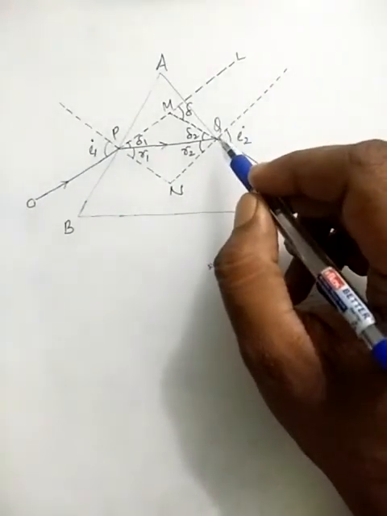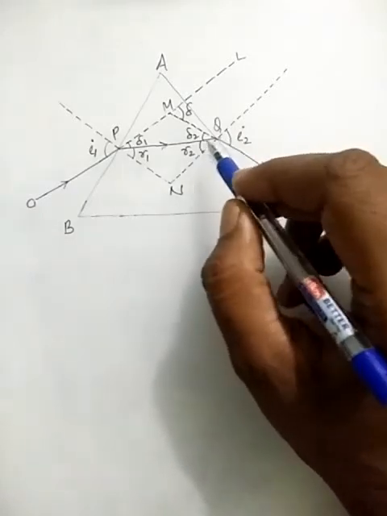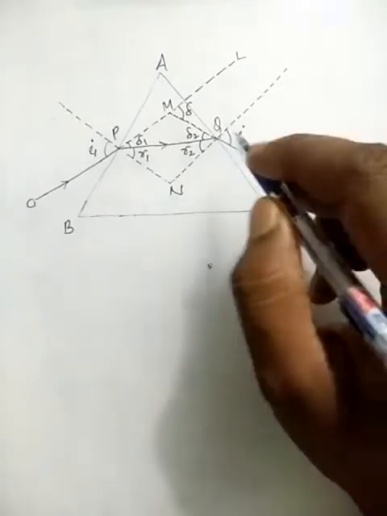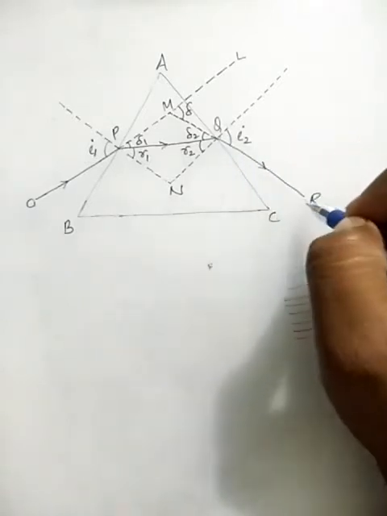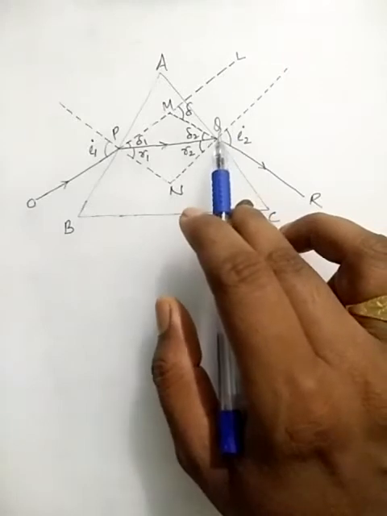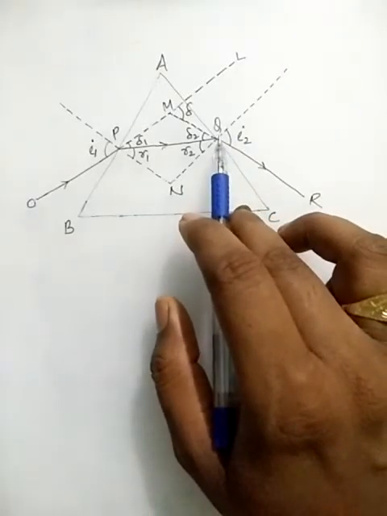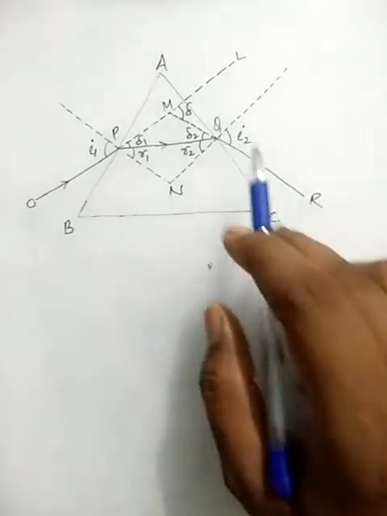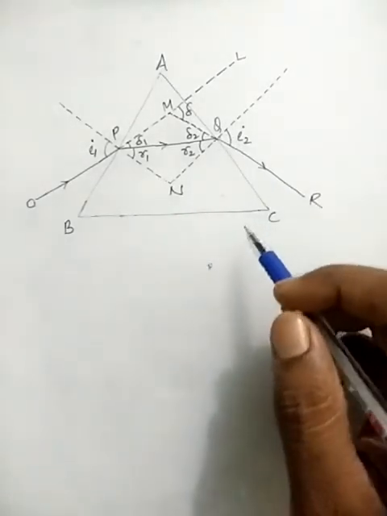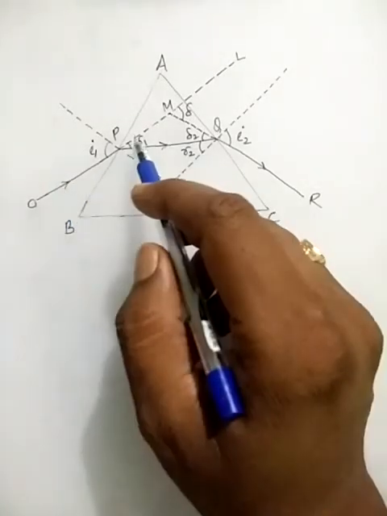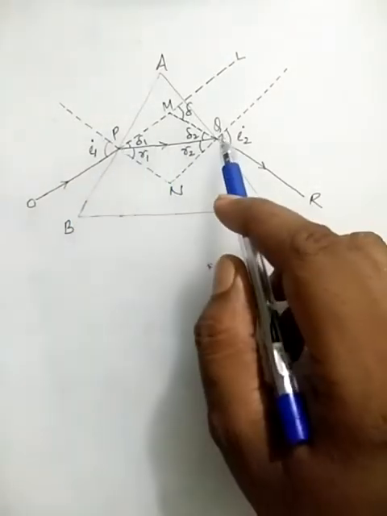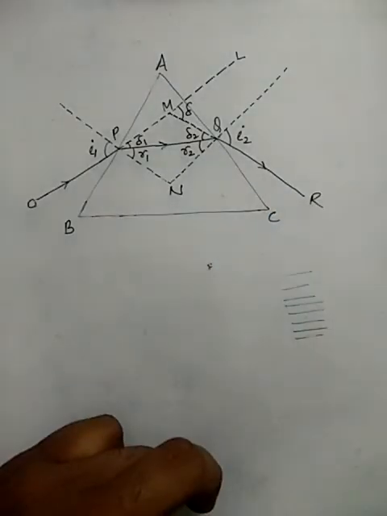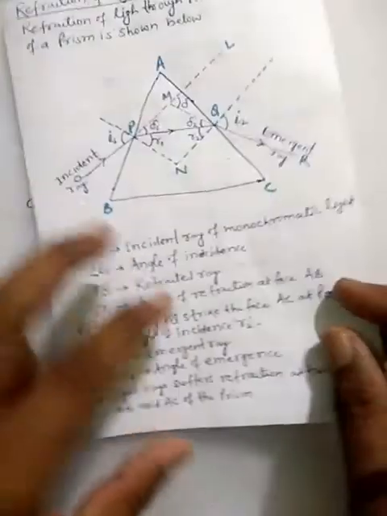At point Q the refracted ray is again refracted, and it emerges as QR. OP is the incident ray, PQ is the refracted ray, and QR is the emergent ray.